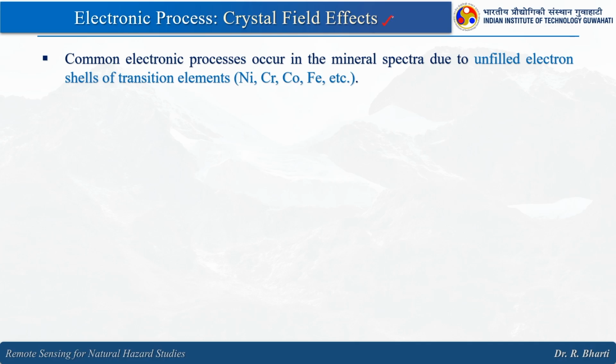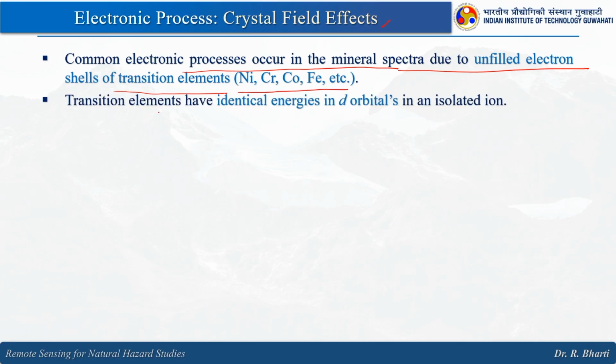Now, let us see crystal field effects, which is one of the electronic processes. A common electronic process in mineral spectra is due to unfilled electron shells of transition elements like nickel, chromium, cobalt, iron, etc. The transition elements have identical energies in d orbitals in isolated ions.